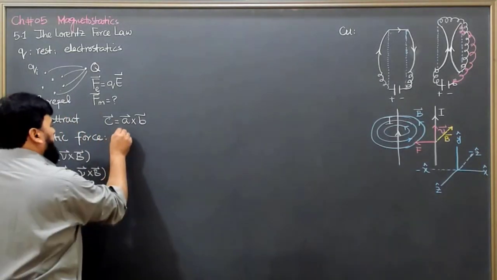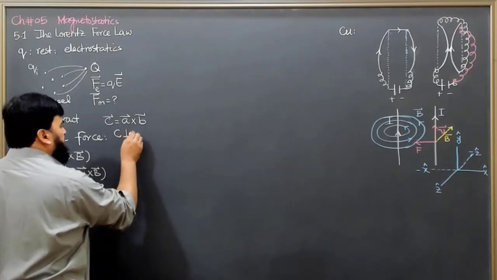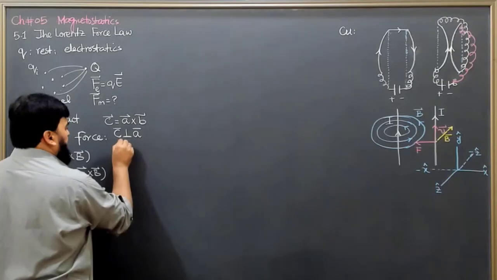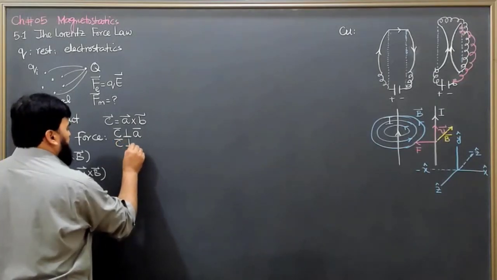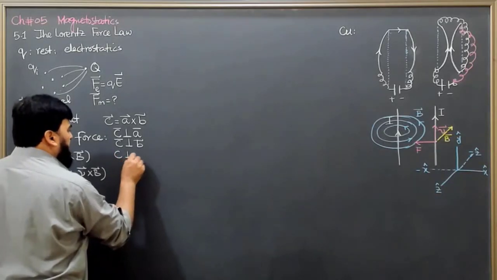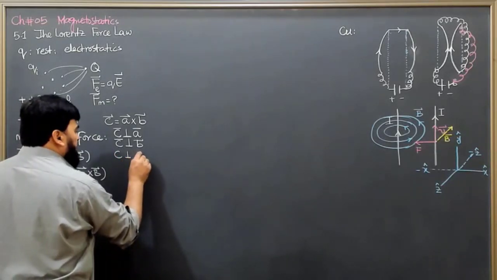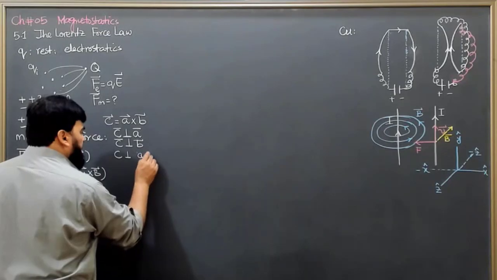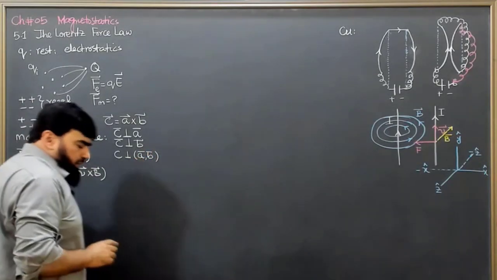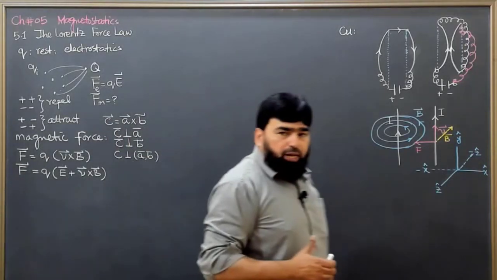This C is perpendicular to A, and this C is perpendicular to B. C is perpendicular to the plane which is containing A and B, so it will be out of the plane.